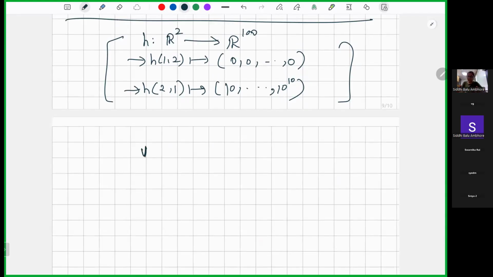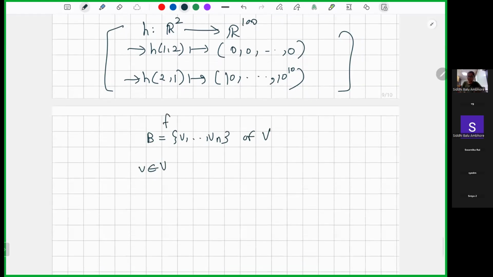Because for any point v, if B is a basis v1 to vn of V, and f is from V to W, any v in V is uniquely expressed as a linear combination of v1 to vn.